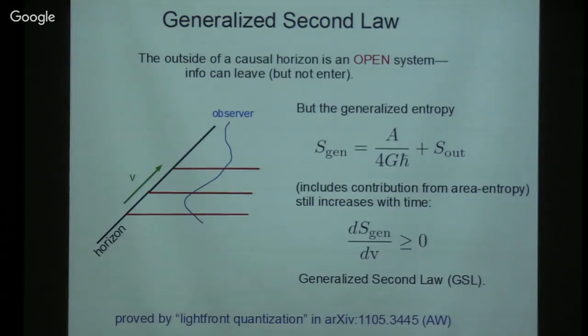So I want to make this a little bit more precise now. There's this term I called the outside entropy term, but in general, we have to figure out what it means to talk about the entropy of a quantum field theory system outside of this black hole or other horizon.